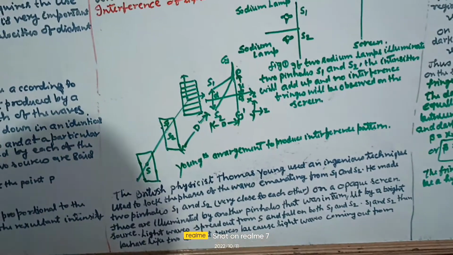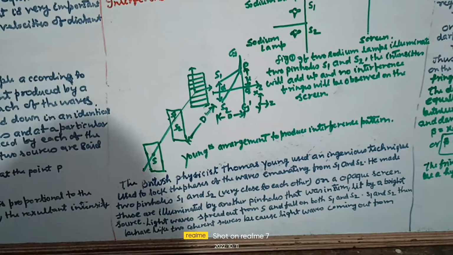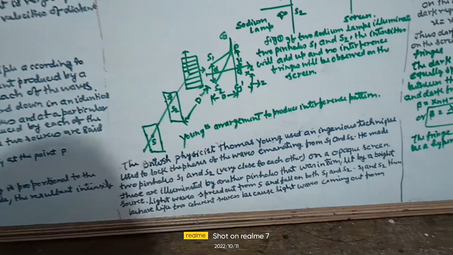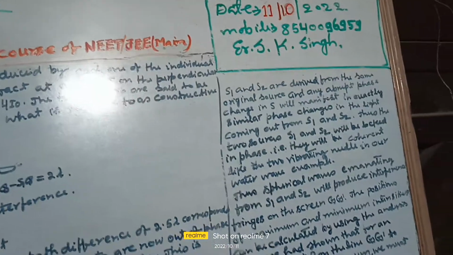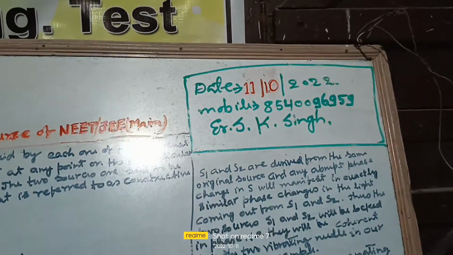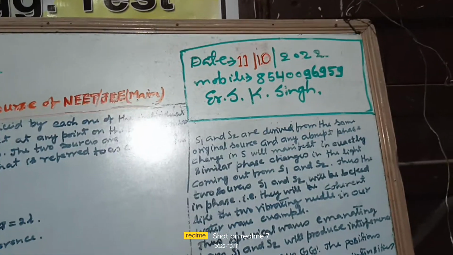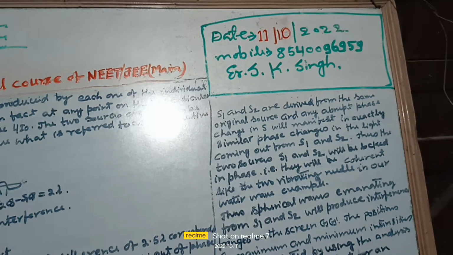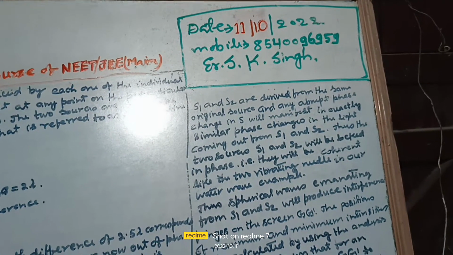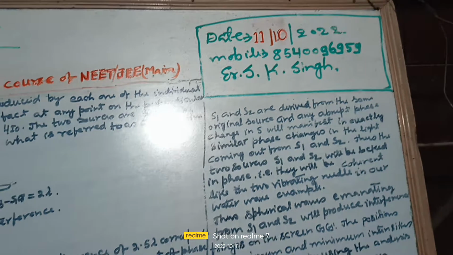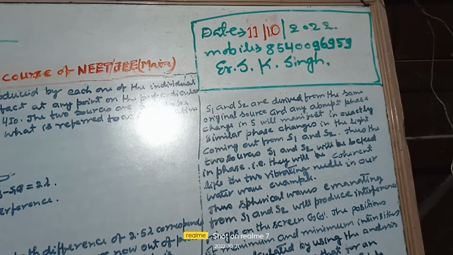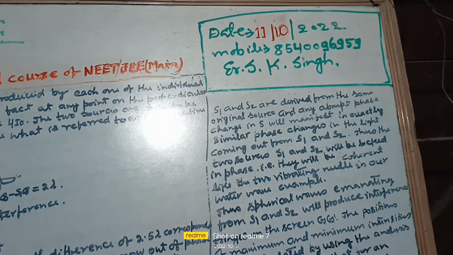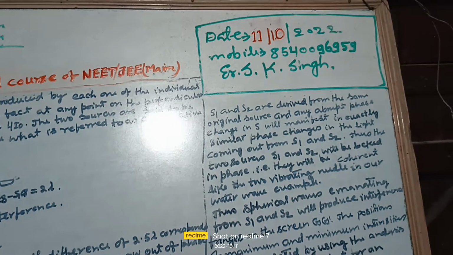S1 and S2 then behave like two coherent sources because light waves coming out from S1 and S2 are derived from the same original source, and any abrupt phase change in S will manifest in exactly similar phase changes in the light coming out from S1 and S2.